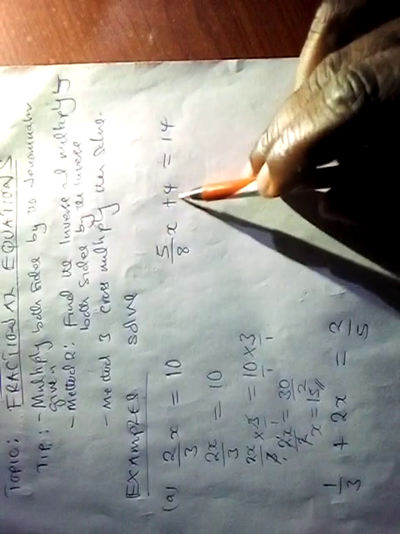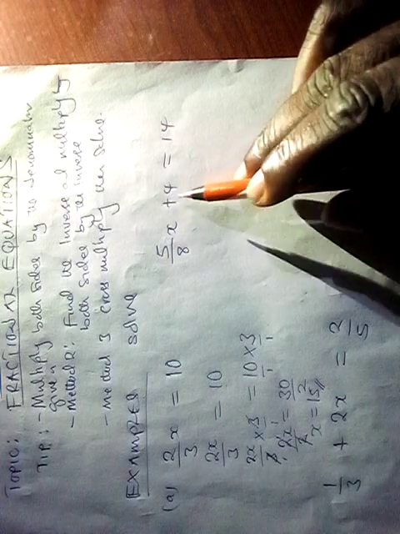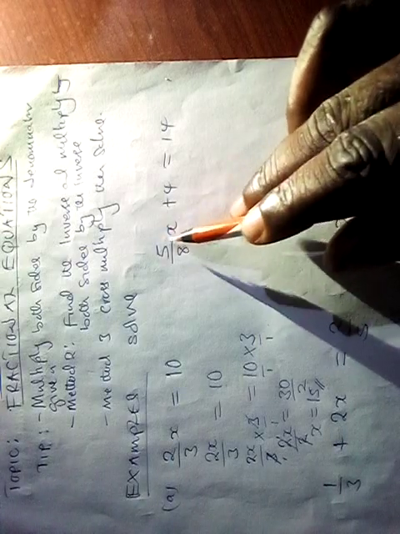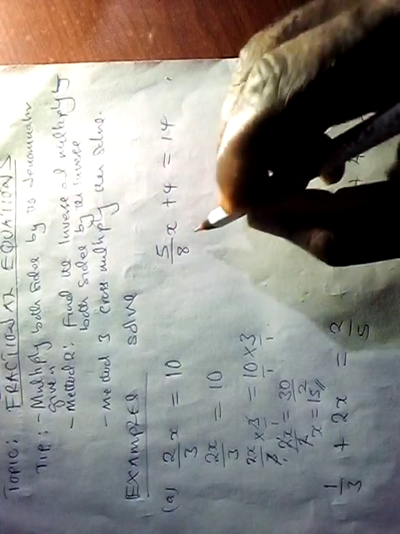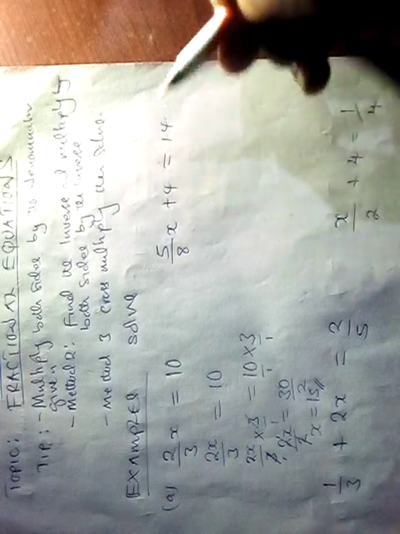We come to this one. Despite this being a fractional equation, there is an additive term. They have put a plus. So we have to eliminate the plus or minus before we deal with the fractional equation. In this case, what's the opposite of this? It's negative 4.